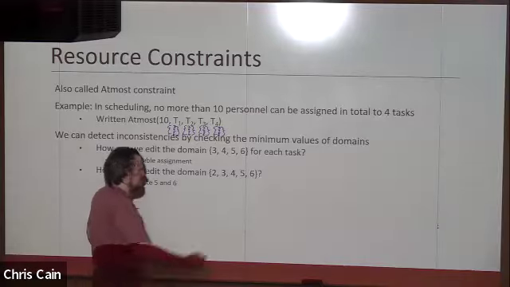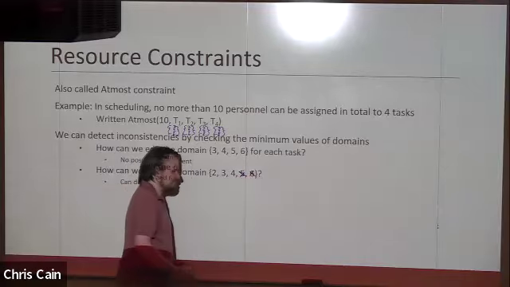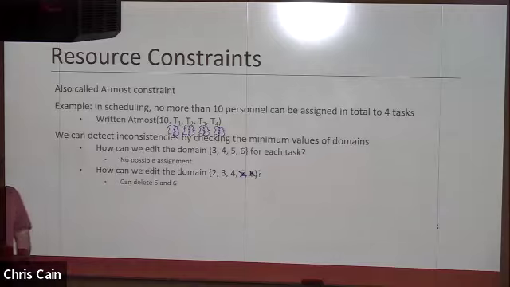So this domain can get rid of the 5 and the 6 and should immediately be reduced to 2, 3, 4 because of the at most constraint. This particular constraint feels a lot like linear programming. It is, yeah.